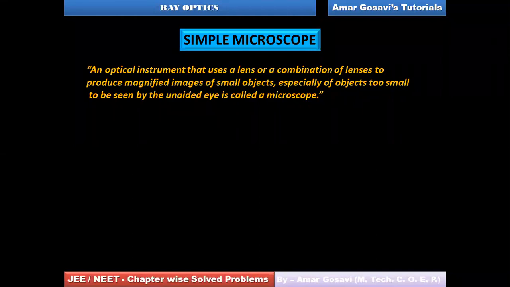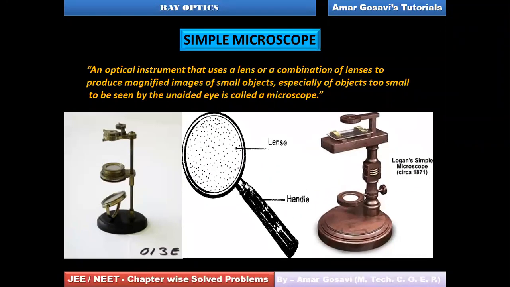We call such an instrument a simple microscope. In practice, you might have seen these types of instruments. Please make a note of this before we start discussing the ray diagram for the simple microscope, and we will talk about the magnification power of the simple microscope.